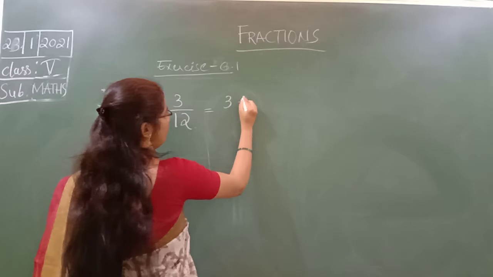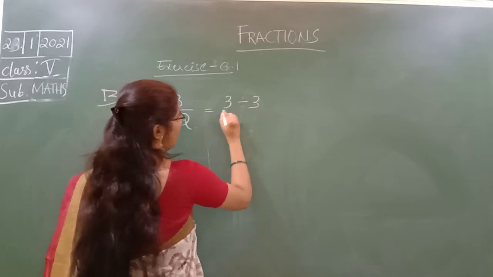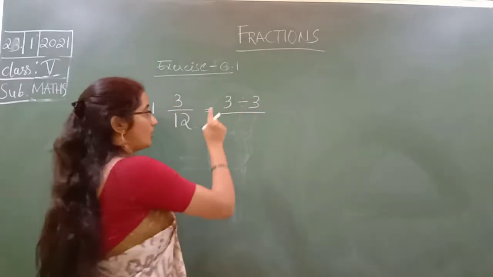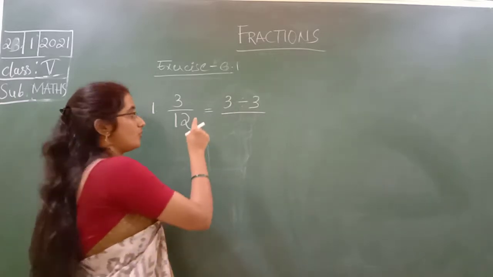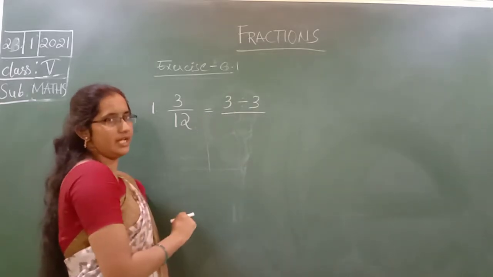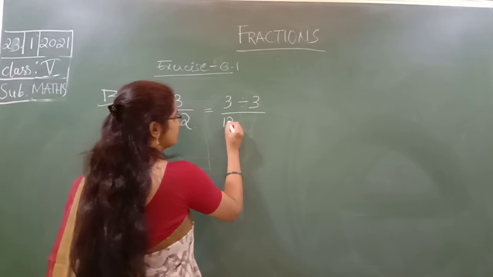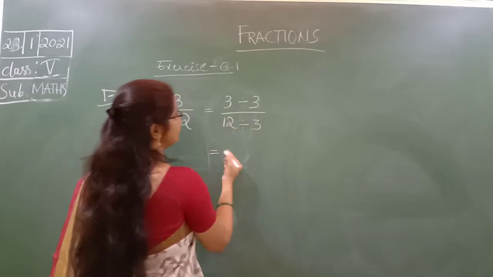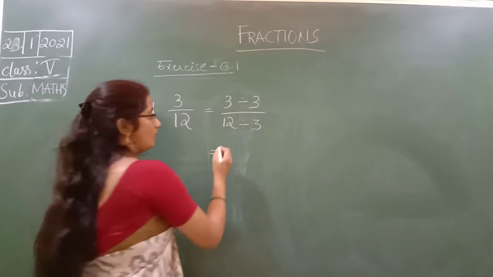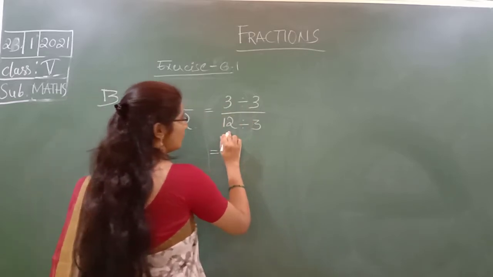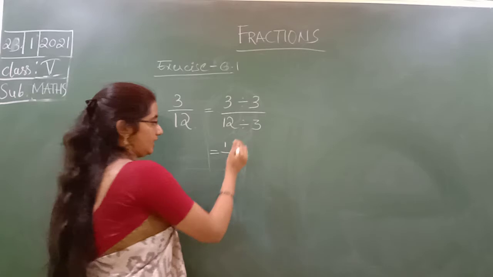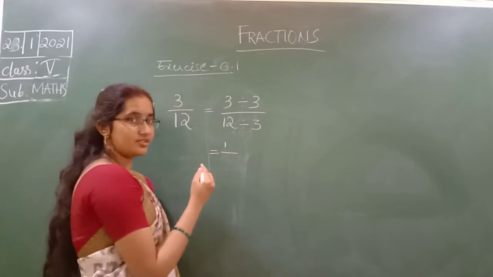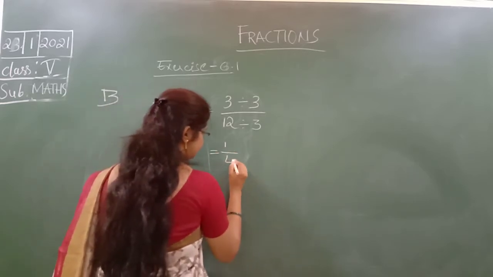Whatever number you divide the numerator by, you have to divide the denominator by the same number. 3 divided by 3 is 1. 12 divided by 3: what is 12? 3 4s are 12.